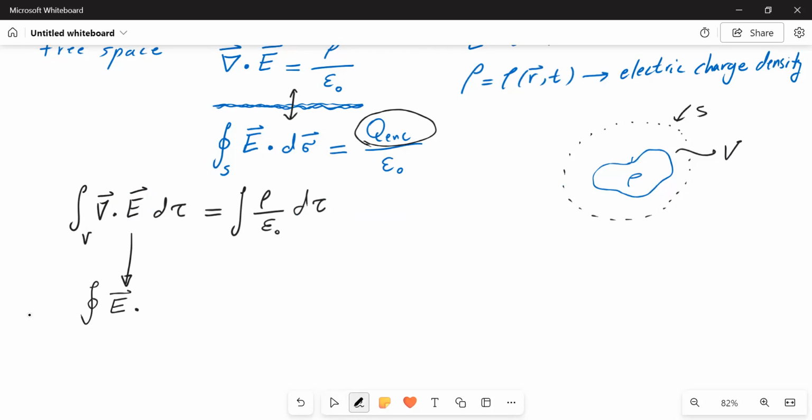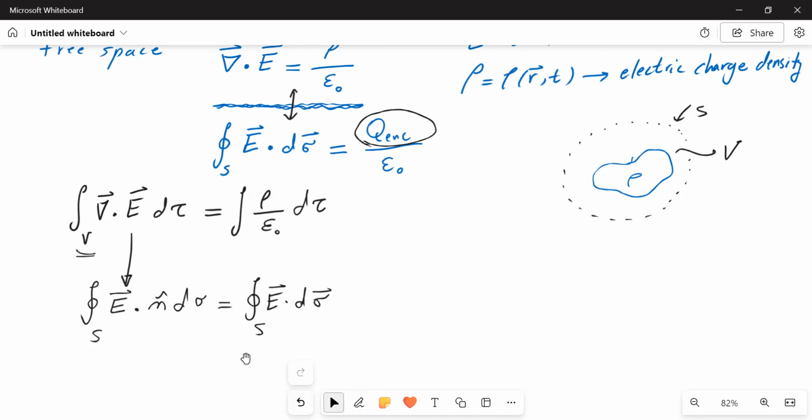So that normal component, I can show by E dot n hat d sigma, or simply E dot d sigma. This is over the closed surface, and this is over the volume that this surface encloses.